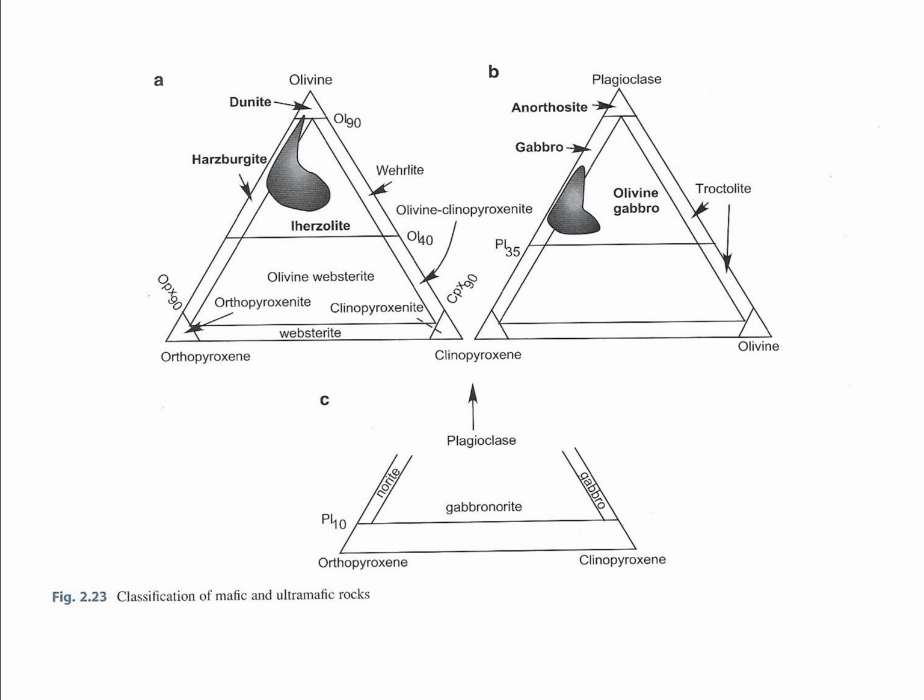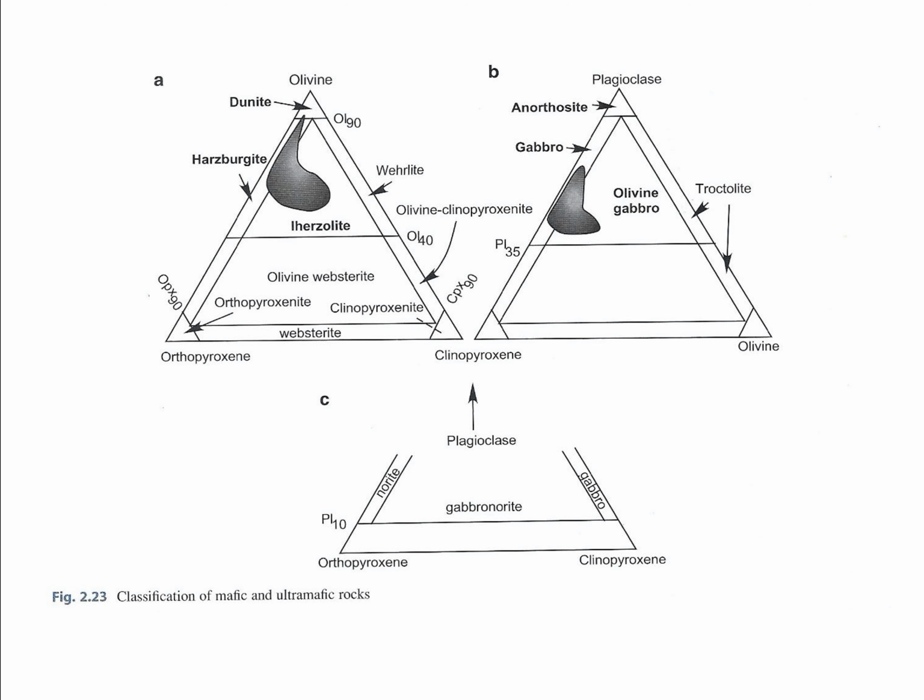If we have more than 90% plagioclase in our rock, we are talking about an anorthosite. If the rock consists mainly of plagioclase and clinopyroxene, we have a gabbro. Whereas if the rock contains mainly plagioclase and olivine, we are talking about troctolites.